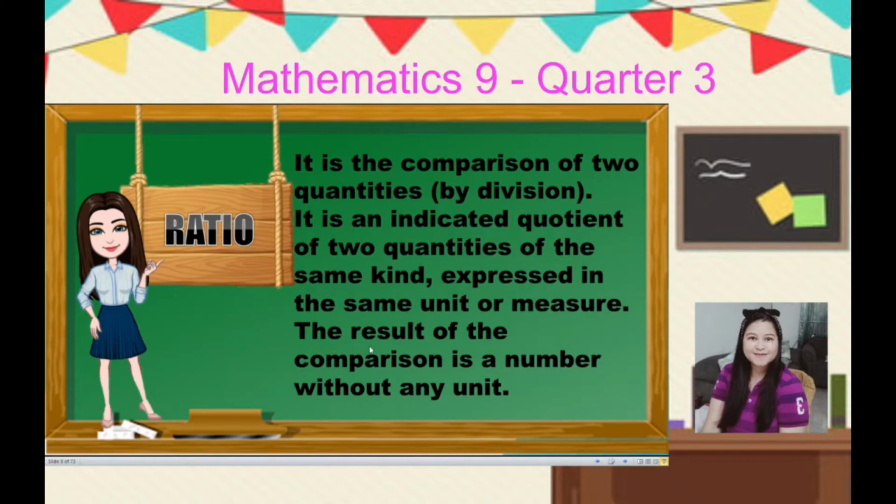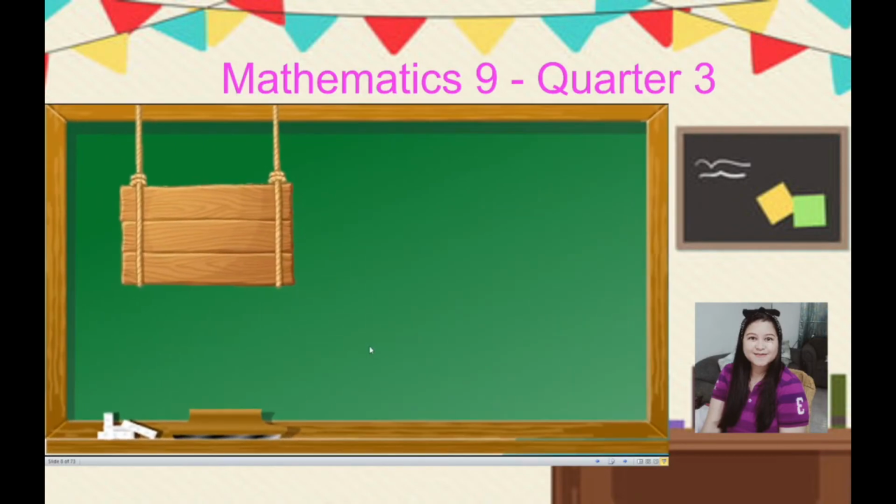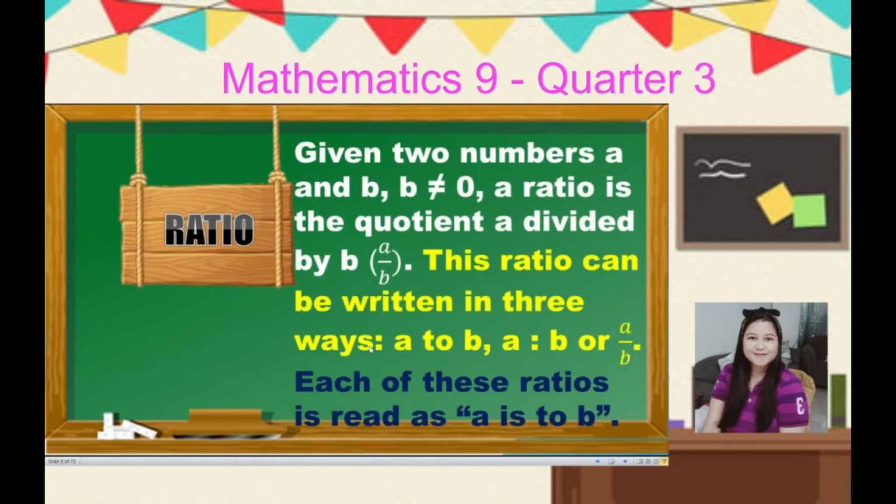So, paano po ba sinusulat ang ratio? So, given two numbers A and B should not be equal to 0. A ratio is the quotient of A divided by B. So, paano natin isusulat yon? Yung quotient of A divided by B. So, that is A over B. This ratio can be written in three ways.